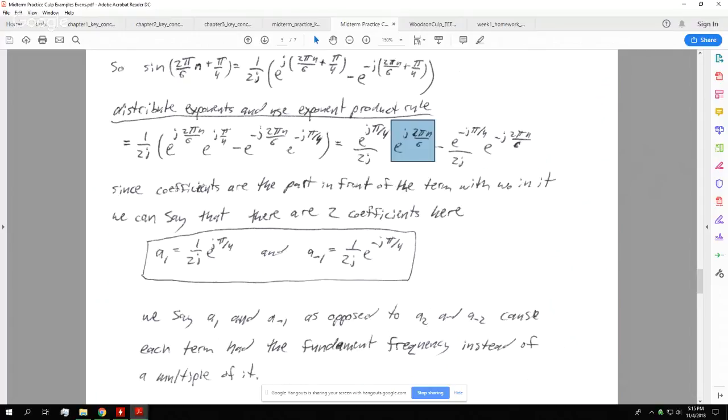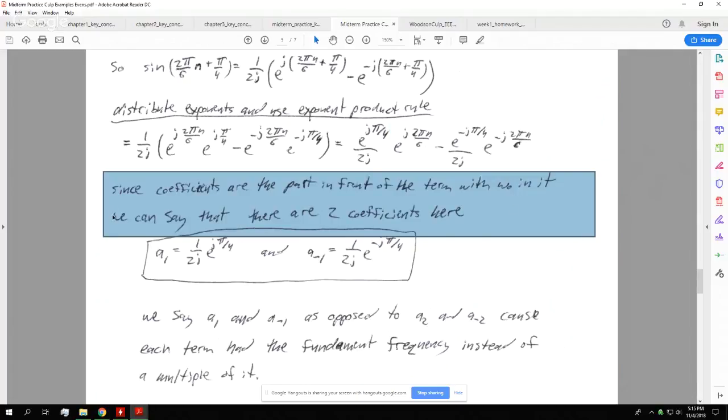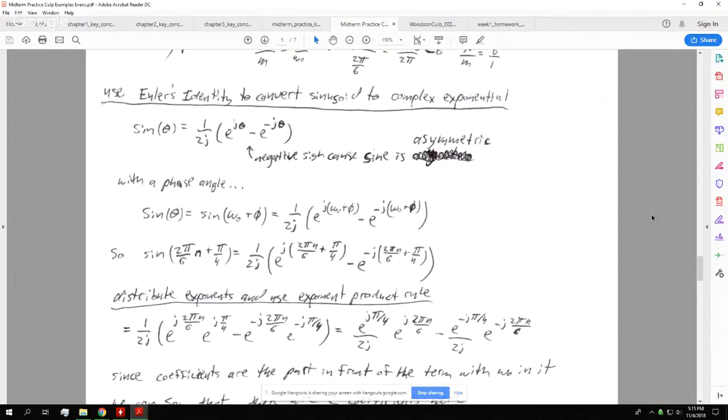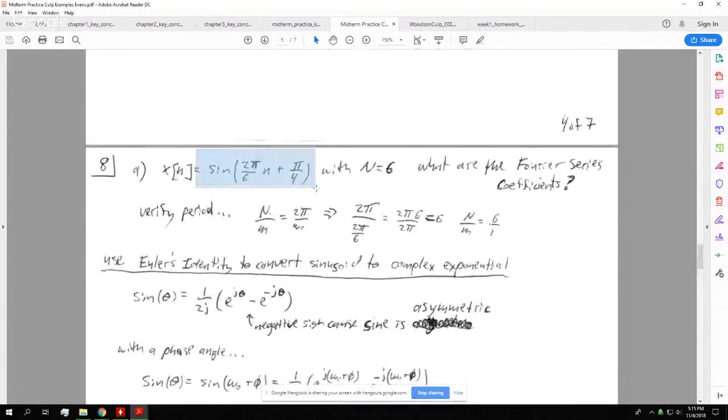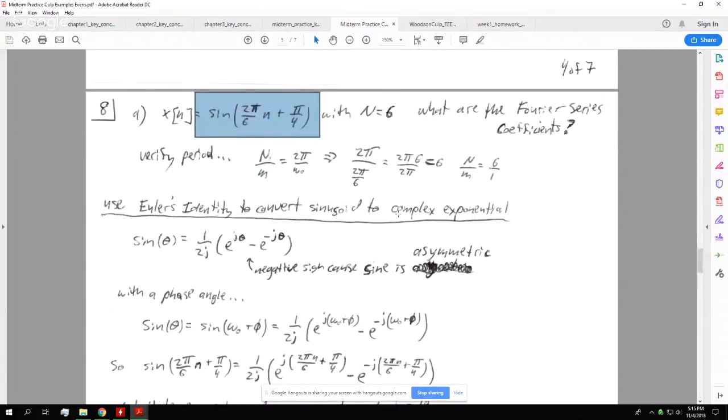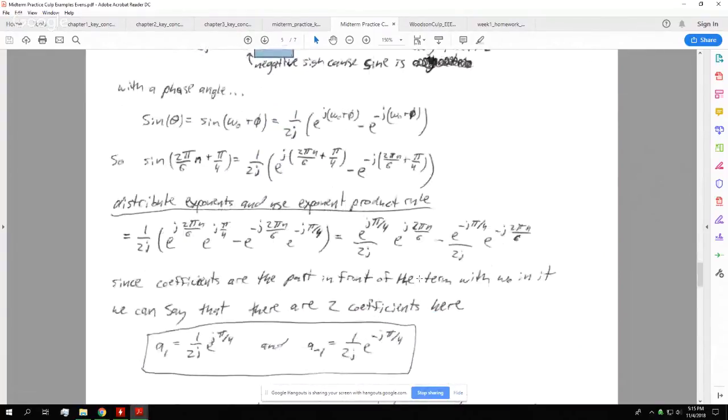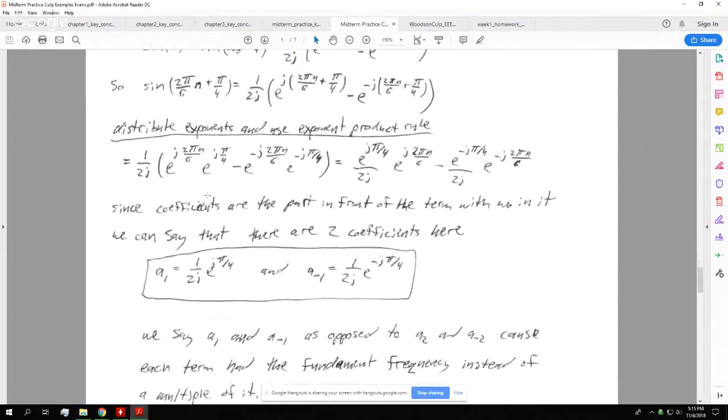Since our coefficients are the part in front of the term with the omega naught in it, we can say that there are two coefficients here. Our original signal was just a sinusoid, and with Euler's identity that gives us two exponential terms.